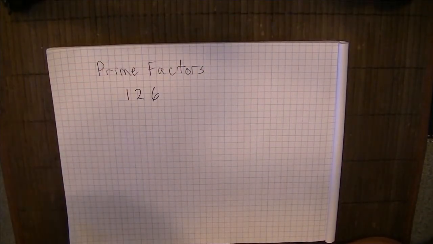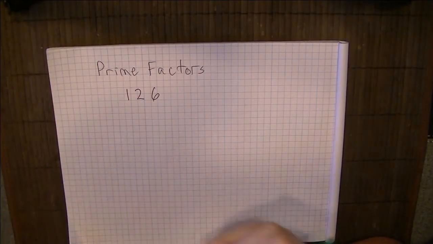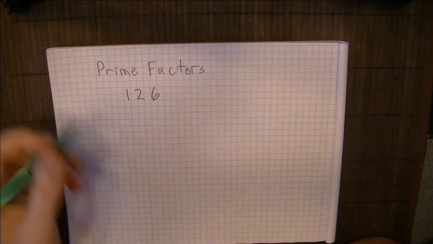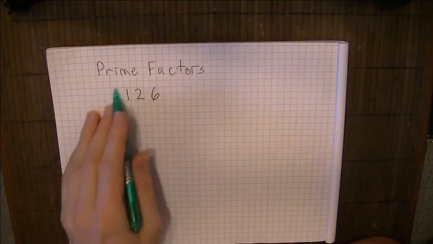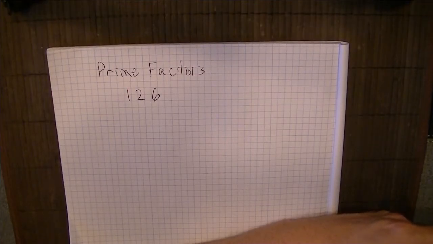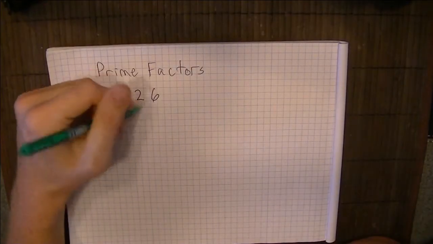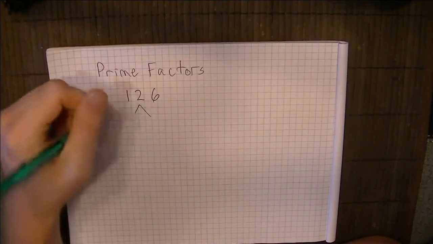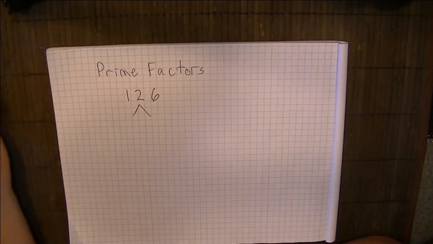So what I want to do now is explore what I mean by saying that every composite number can be broken down into its prime factors. First, how can I write this as a pair of factors? I've already said that 2 goes into this number, so 2 times what is 126?